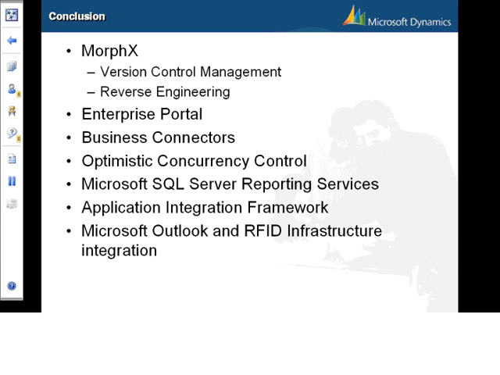Differentiating features that were covered include MorphX, an integrated development environment with version control management and reverse engineering, Enterprise Portal, Business Connector, .NET and COM, Optimistic Concurrency Control, Reporting Services in SQL Server 2005, Application Integration Framework, integration with other Microsoft applications such as Microsoft Outlook and Microsoft Radio Frequency Identification infrastructure.